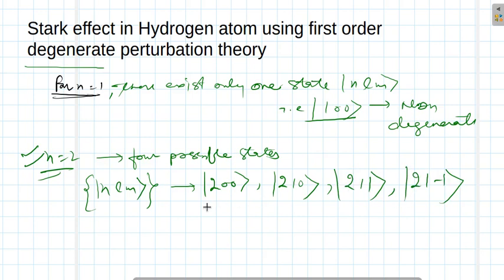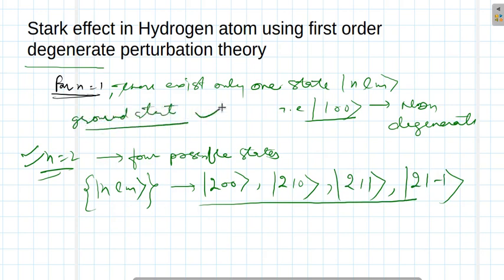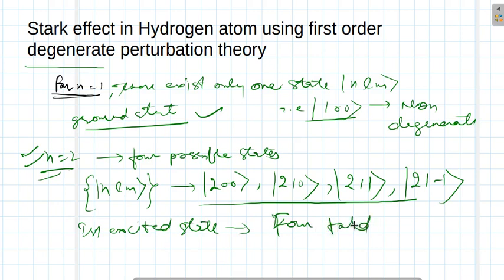So these are the 4 possible states. The n equals 1 state is the ground state of hydrogen atom, and this ground state is non-degenerate. But if I talk about the first excited state, then this first excited state is fourfold degenerate.